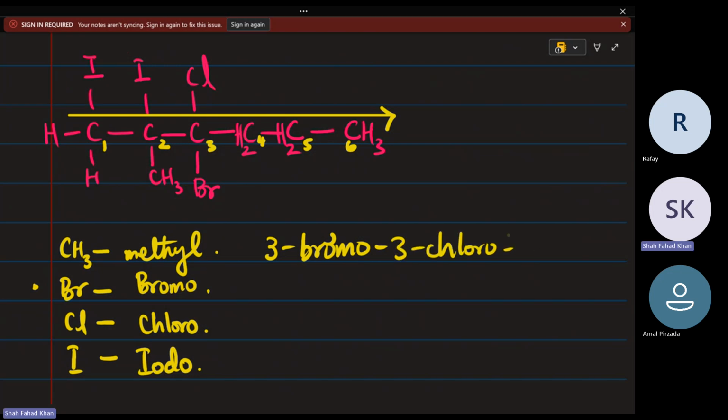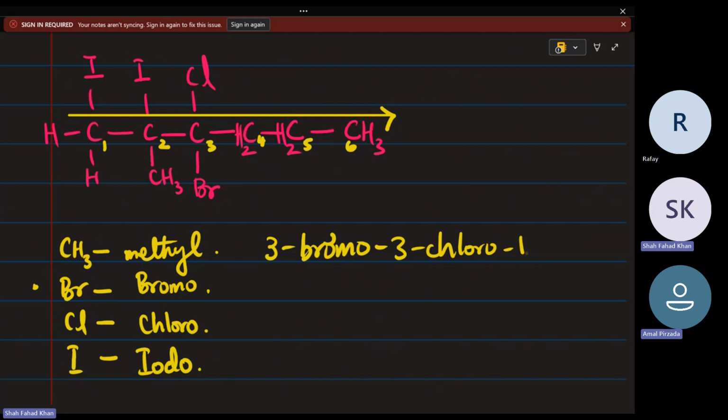Then after chlorine, which comes first alphabetically, iodine or methyl? What do you guys think? Amal? It'll be 1,2-iodo. 1, comma, 2, dash, diiodo.